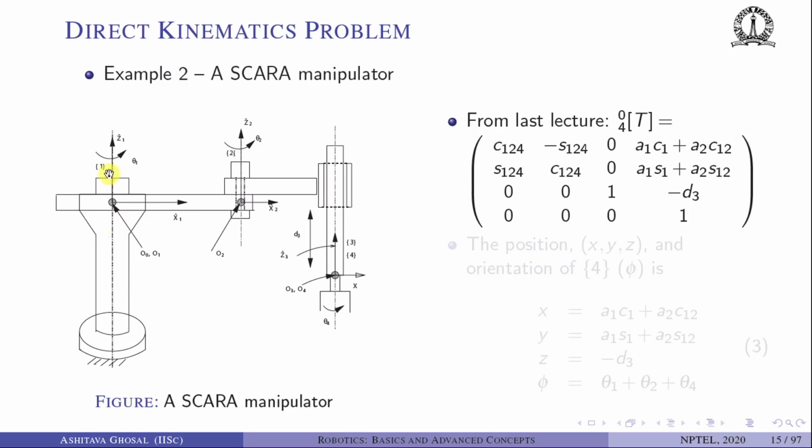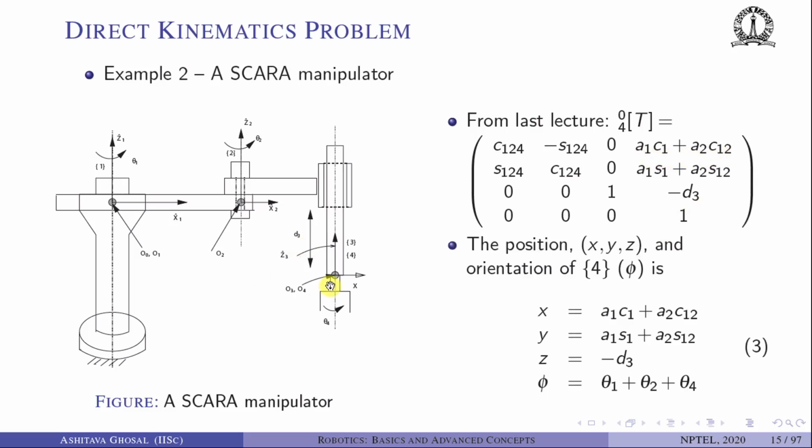The direct kinematics problem for a SCARA robot can also be solved. As I showed you, the SCARA robot consists of 4 joints along Z1, Z2, Z3 and a final translation and a rotation. So from the last lecture, 0,4T was again given by cosine of theta 1 plus 2 plus 4, and the position of this end effector point XYZ was A1 C1 plus A2 C12, and minus D3 for the Z coordinate.